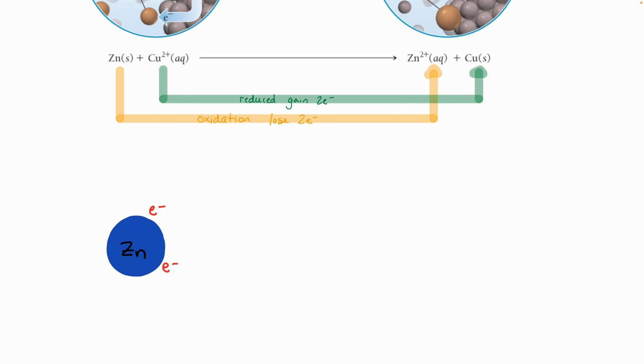And of course, this zinc is holding on to those electrons. That's why they don't just go flying out into thin air. Zinc is holding on to these electrons. But as soon as that copper ion approaches, that copper ion is able to pull those electrons away from that zinc atom onto itself.